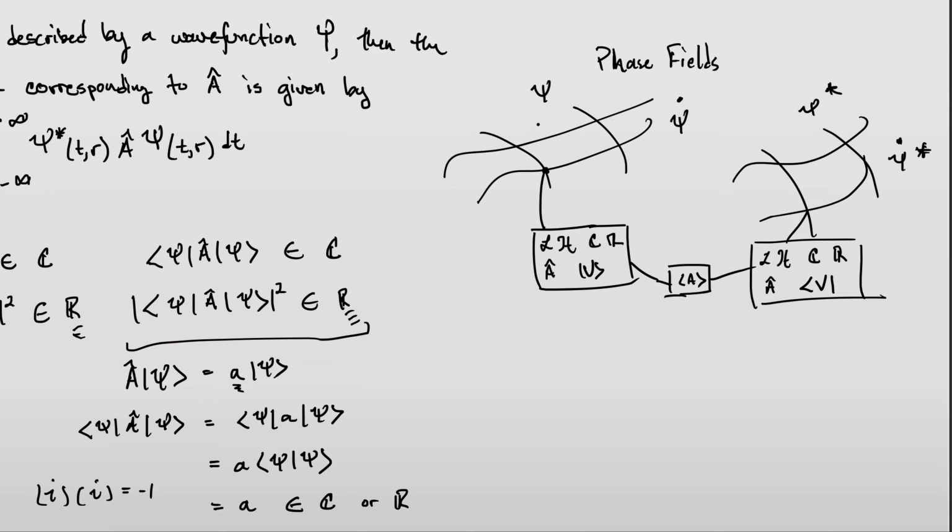Because remember, these guys here are a function of x, y, z, and t. The space itself isn't x, y, z, t space like in GR. This is a phase space, right? And so that's one of the fundamental differences between the two, and that's one of the reasons it's very hard to merge the two together.